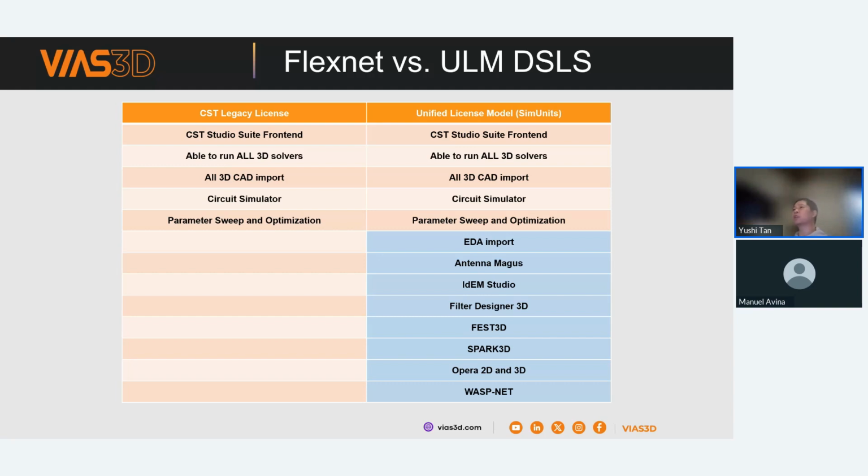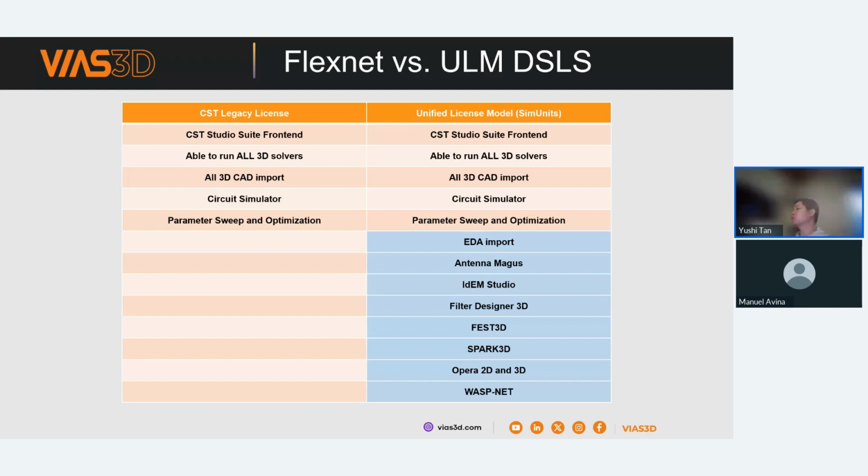So everything on the left over here, you can do right now, right? Either new licensing or old licensing, it doesn't matter, because those are the capabilities that just come with the tool. Now, if you take a look at the unified license model, the SimUnit license model, you're unlocking more of the features.